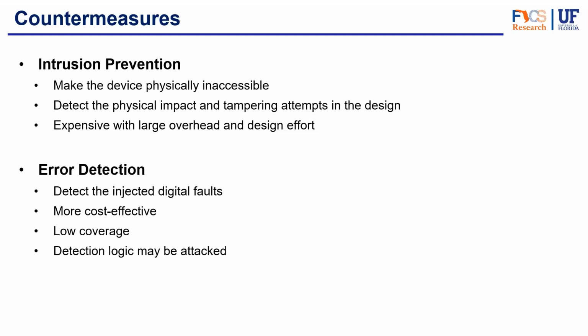So various countermeasures have been introduced in the literature and by industry to prevent such attacks, and we categorize them into 2 classes. The first one is intrusion prevention, where we use physical layers, packaging technologies or sensors to detect such faults and prevent them from happening.